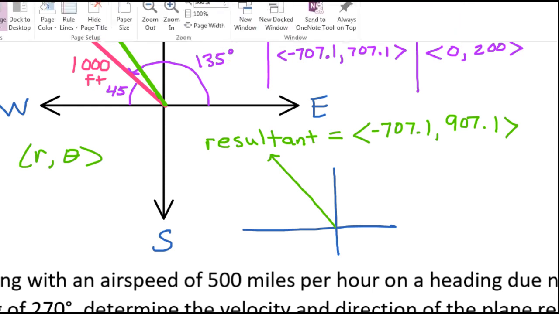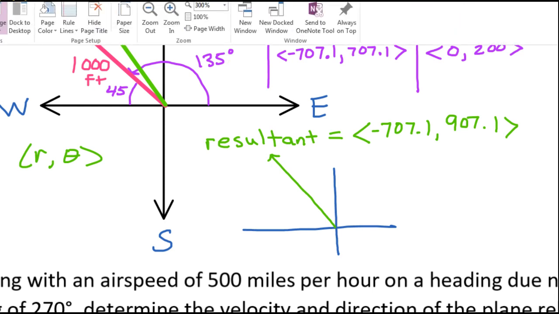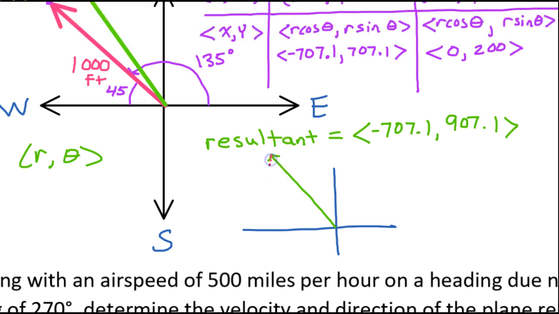Okay, but now I'm going to break this down into the horizontal and vertical components. So it's left 707.1. So that means over here I have 707.1. All right, I don't really need to put the negative on it. I mean, I guess it doesn't hurt. And then it's up 907.1.